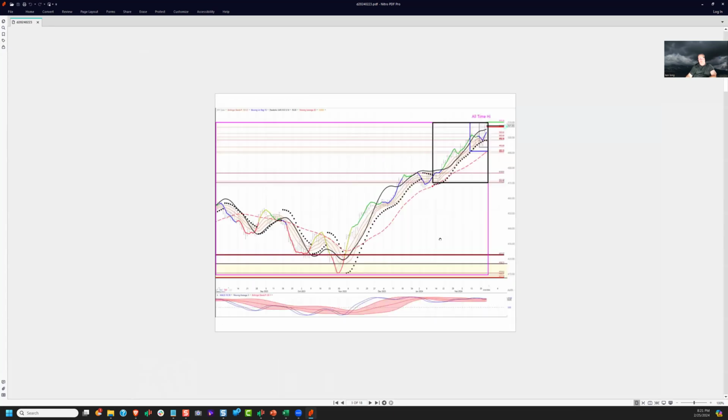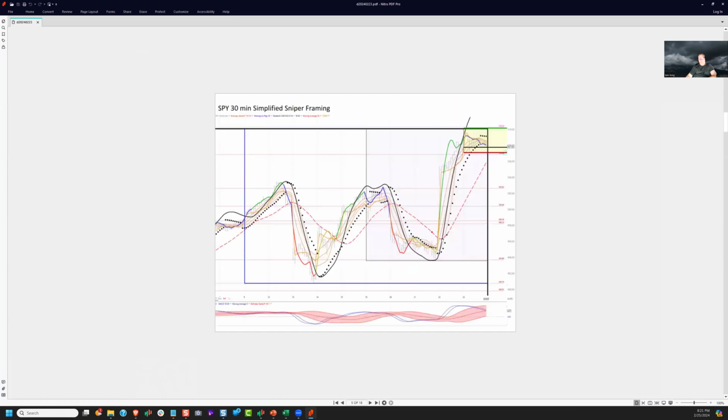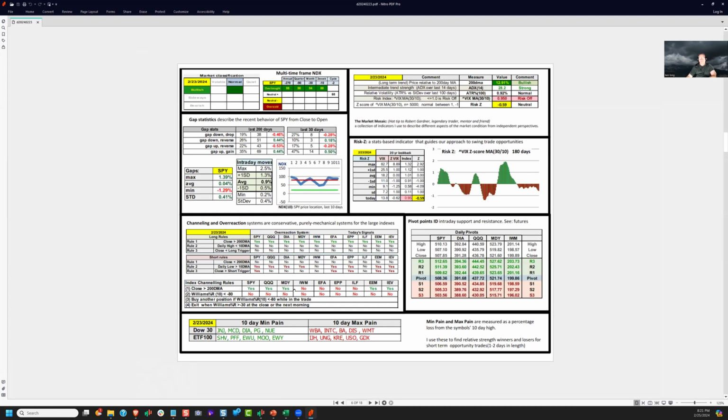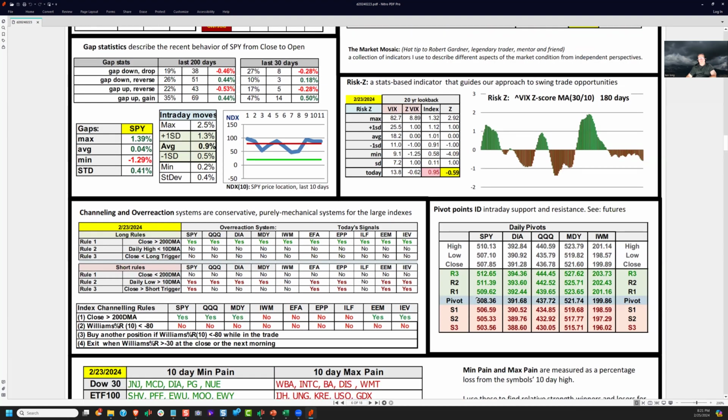So when you look on the daily report, on the very first page, we have the overreaction system here, and the mechanical system trades on those ETFs.